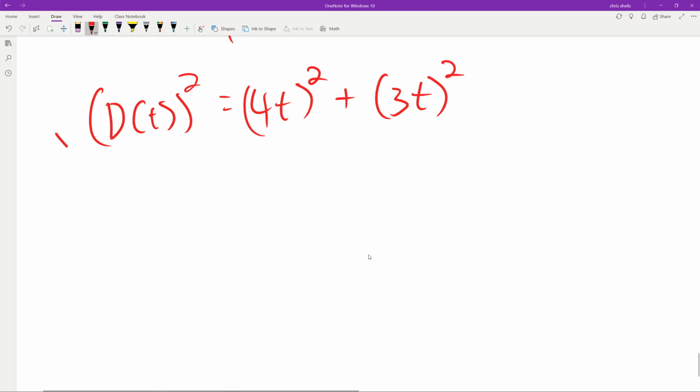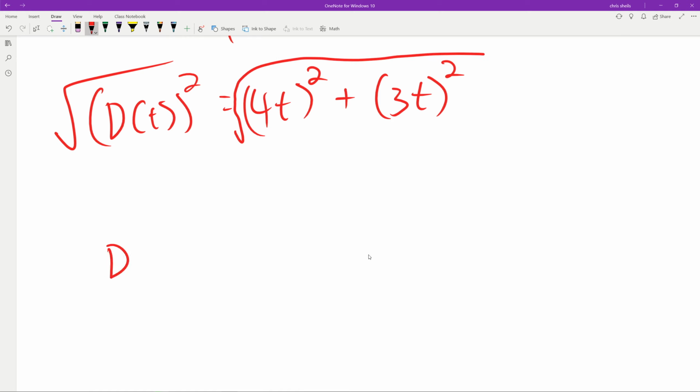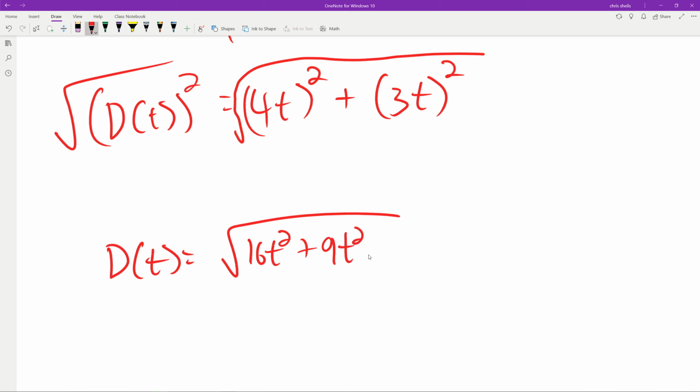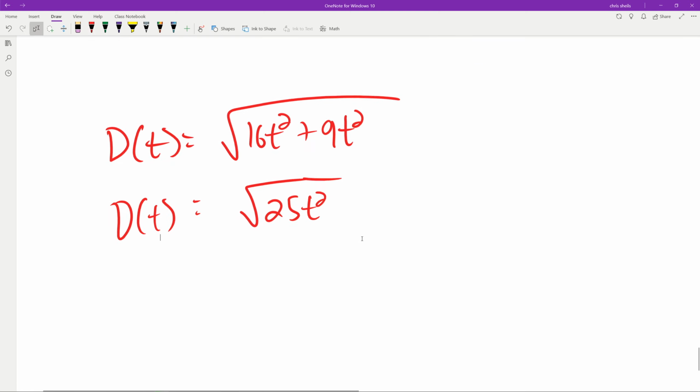Whenever I take the square root of both sides here, I get that d of t is equal to the square root of 16t squared plus 9t squared, which is the square root of 25t squared, which is 5t. d of t is 5t.